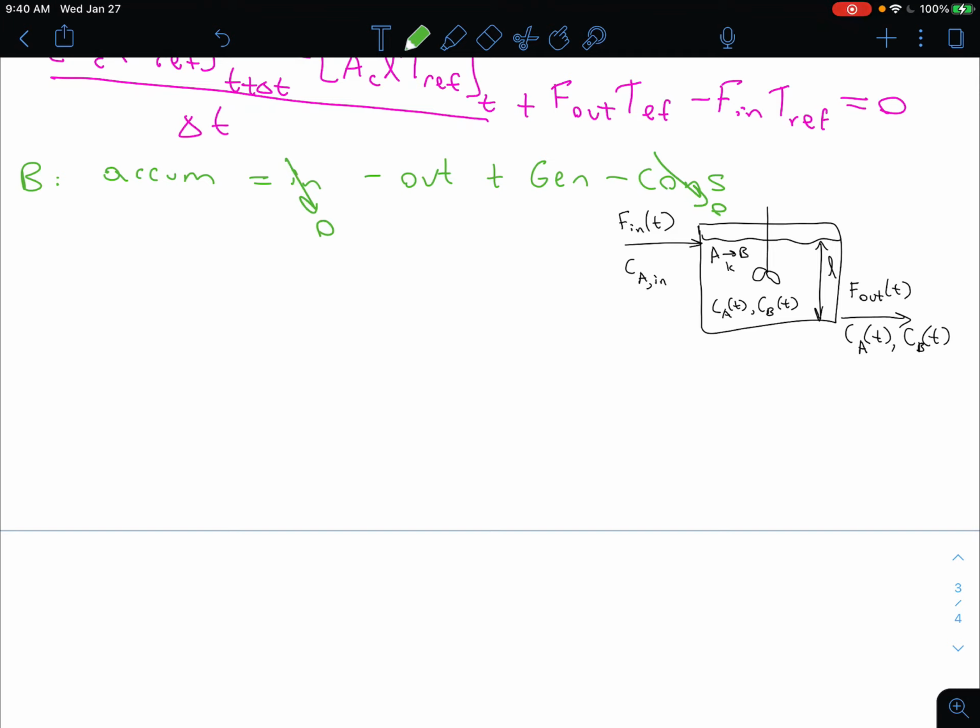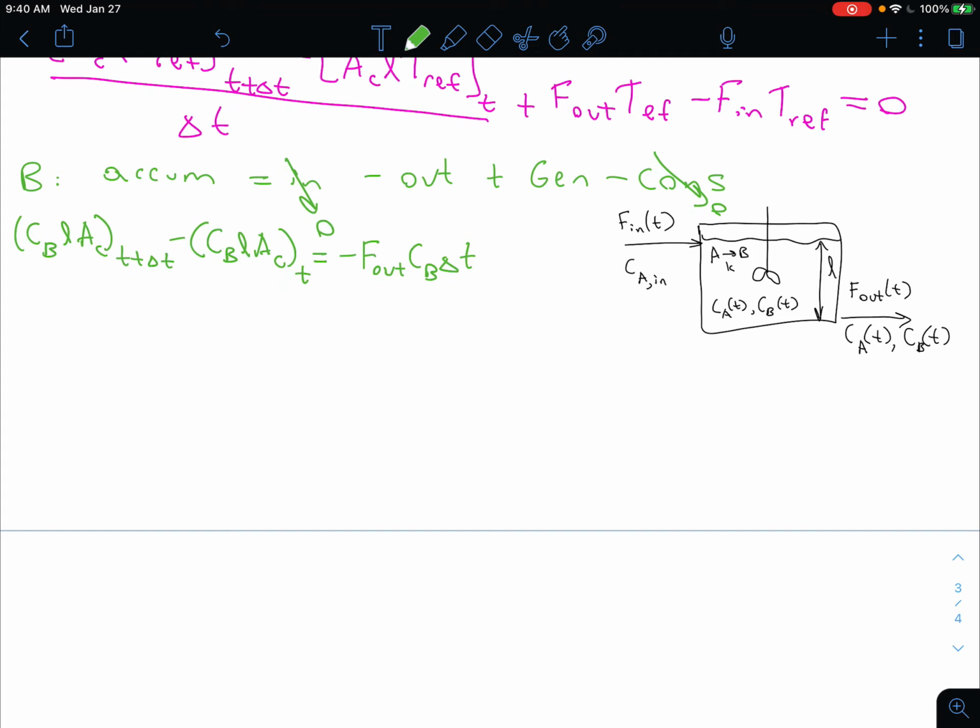And the accumulation is going to look like CB times L times A_c at T plus delta T minus CB L A_c at T, and that's equal to the output, so minus F out CB delta T.